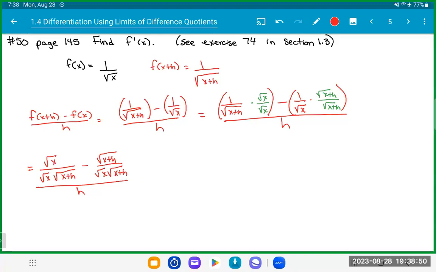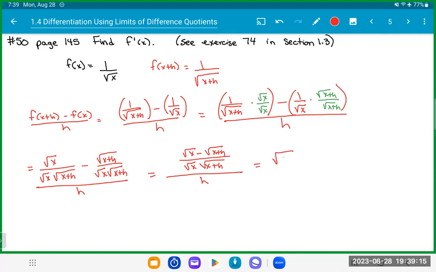So we can put that all under one roof. So we have square root of x minus square root of x plus h over the square root of x times square root of x plus h, divided by our denominator of h. Remember in math that dividing by something is the same as multiplying by the reciprocal.